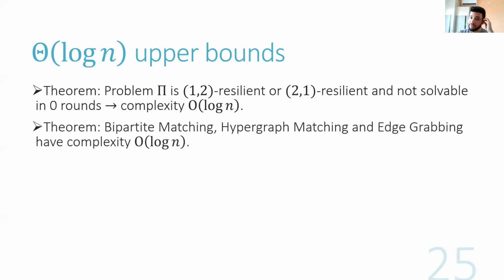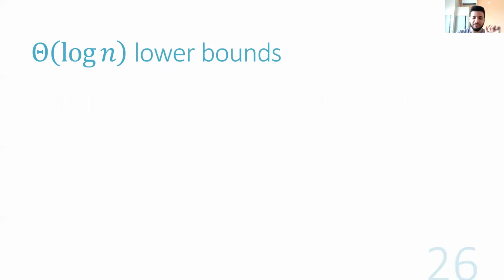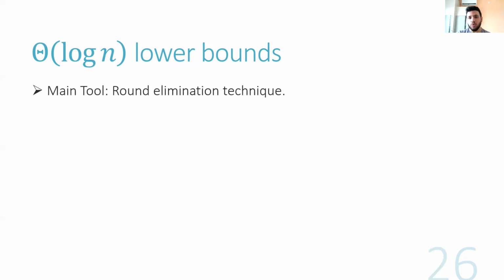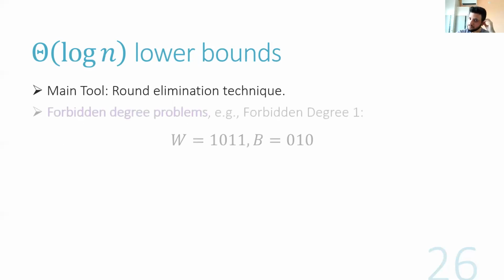And also we show that for these 3 special problems that I've mentioned before. Now I'm going to briefly, very briefly, talk about how we show the lower bounds for all the problems in the class of theta of log n. Our main tool here is the round elimination technique, on which unfortunately I do not have time to elaborate.